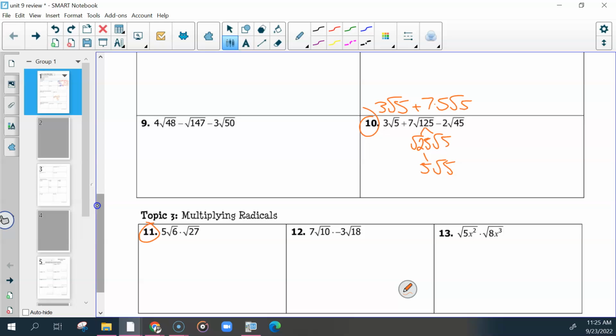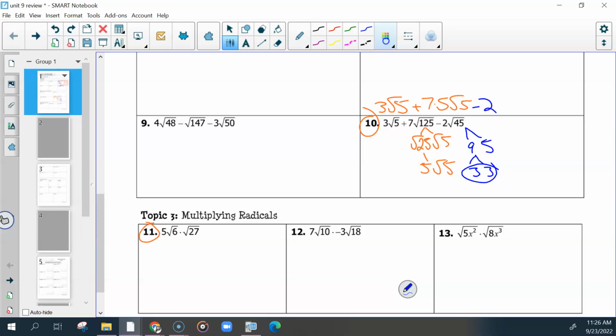Then for 45, I'm going to simplify everything at the end. Give me two factors of 45. 9 and 5. So we have 3 and 5. The only pair would be our 3's. This already has a negative 2, so that would come first.